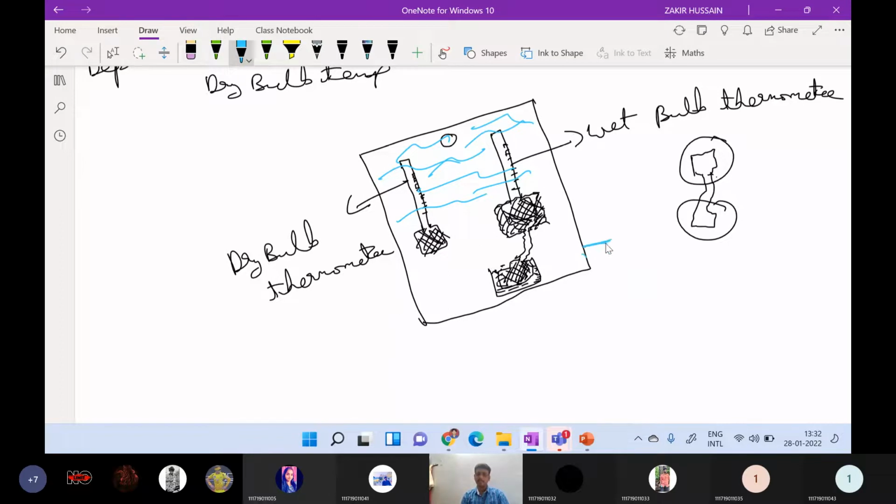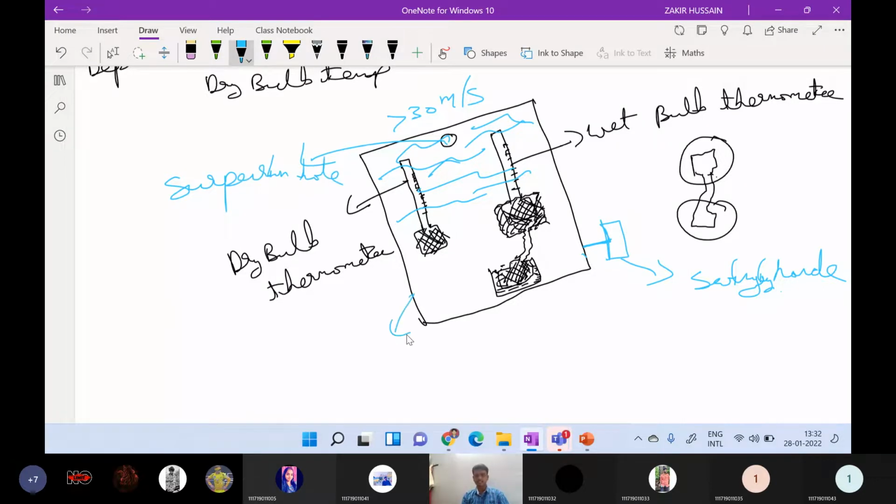There will be a swinging handle, so that we can rotate the thermometer so that the air velocity will be greater than 30 meters per second. Then some of the effects will be lowered. This is called the suspension hole.